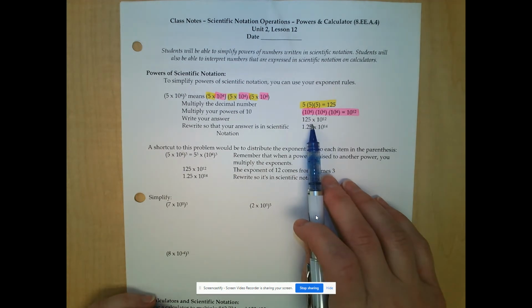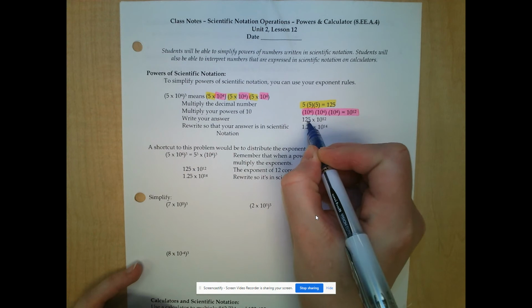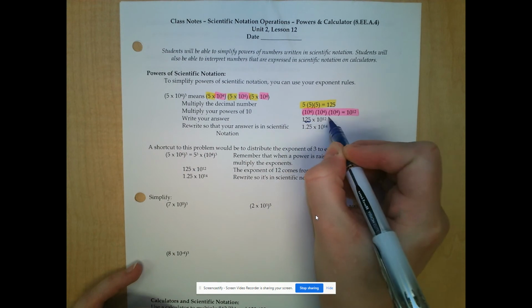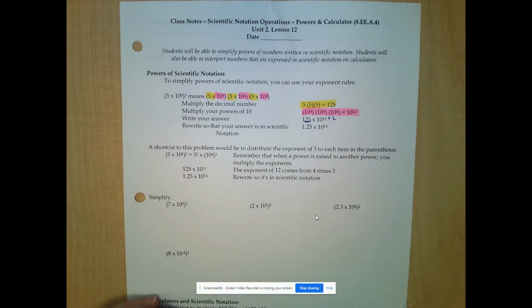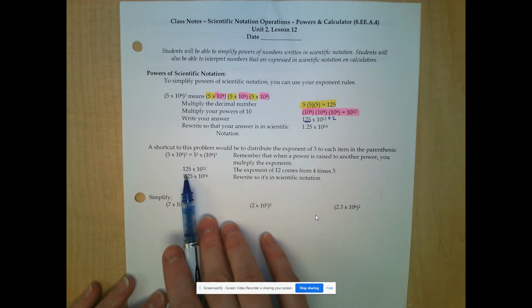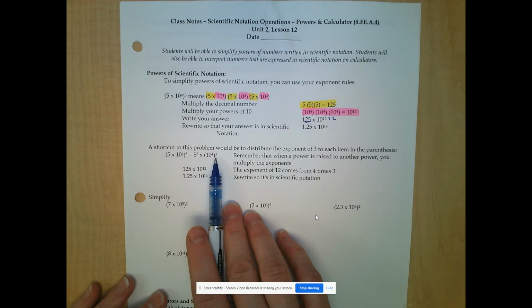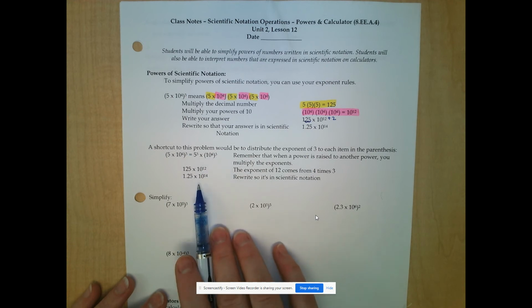Well, we all know that is not between 1 and 10. So we'd need to make this 2 powers of 10 smaller, making the exponent 2 powers of 10 larger, giving us 1.25 times 10 to the 14th. So the shortcut is to do 5 cubed and for 10 to the fourth to the third, which is your 10 to the 12th, and then rewrite it.